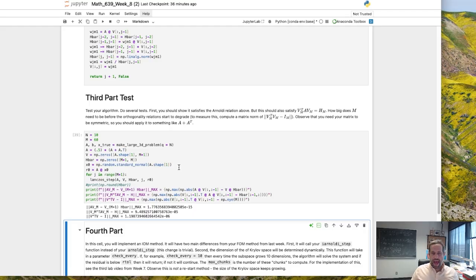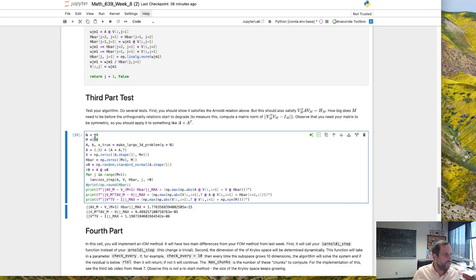Now I have observed that it's around when this m is equal to the square root of the size of the matrix is where problems start. Now the square root of 1,000 is around 30. So it's a little bit farther, but this is something that you can play around with.